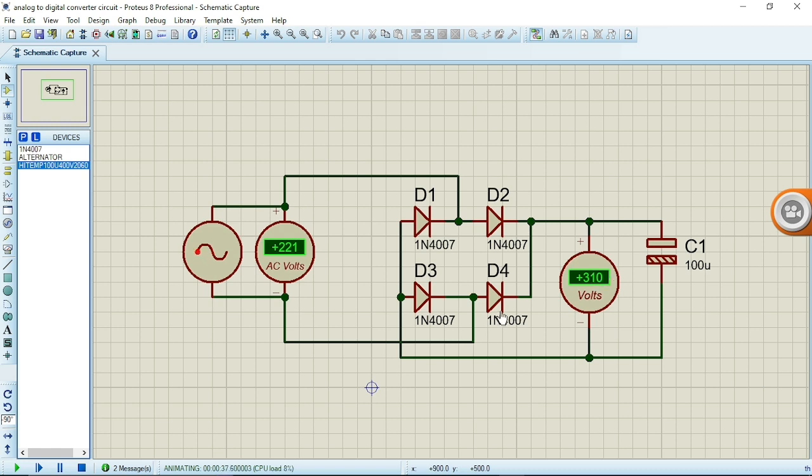So what are we going to be doing? Is there any other way to reduce this voltage? This is actually too much for the IC that I'm using here. I'm using the LM358 for comparing my voltage, and 310 volts is way too much for the LM358.